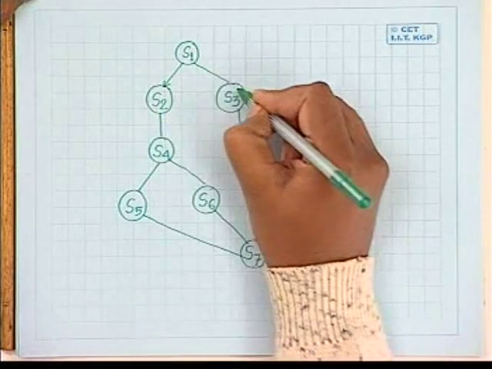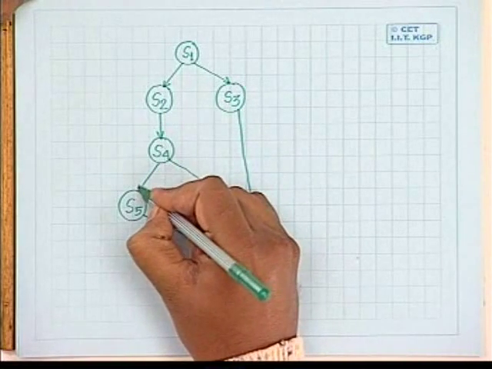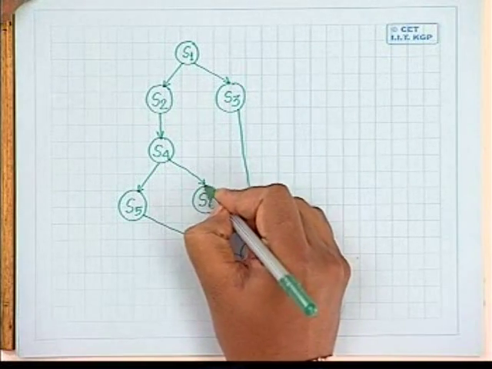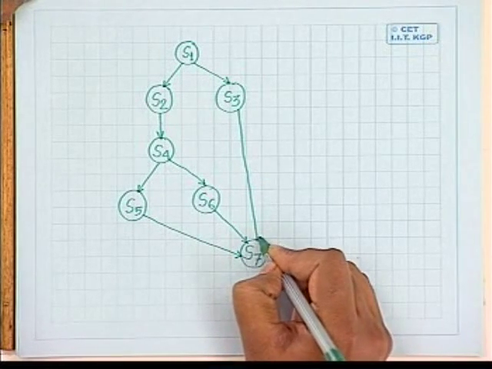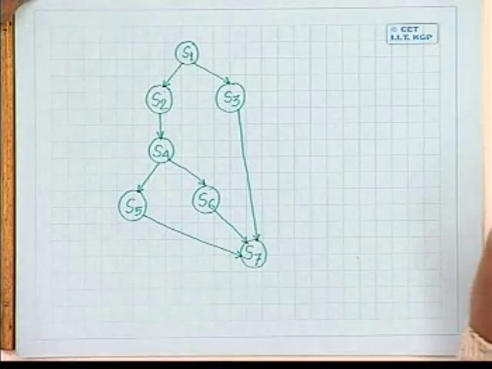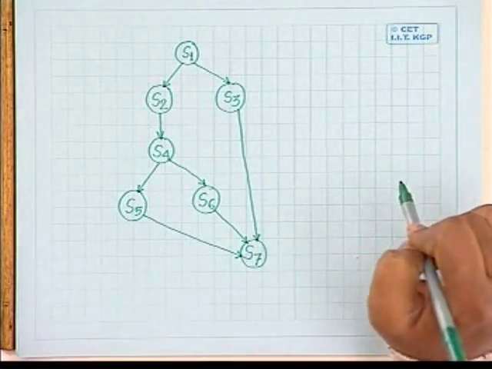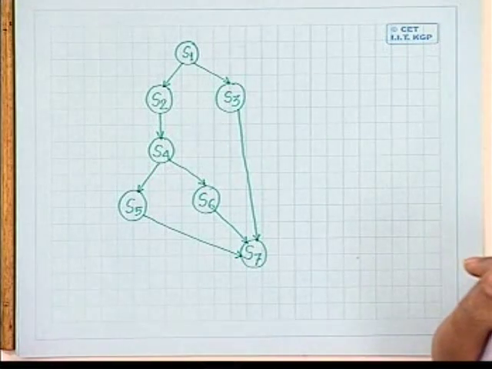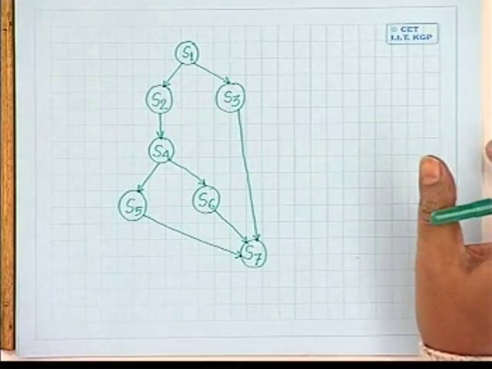So this is the precedence relation. So this entire graph represents a complete task, whereas every node or every vertex in the graph represents a subtask of the complete task, and the graph represents the precedence relation among those subtasks.